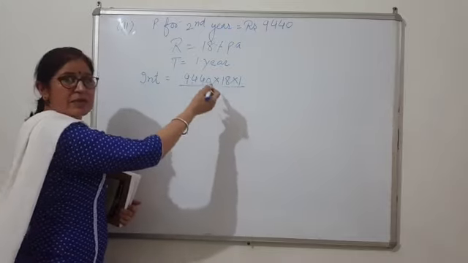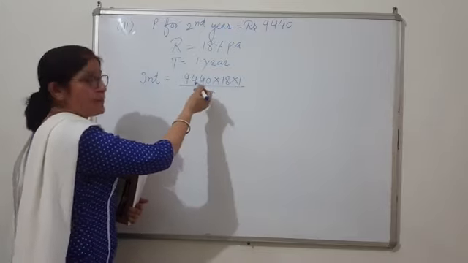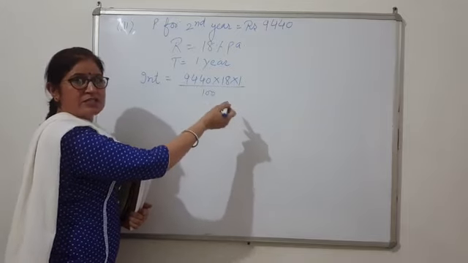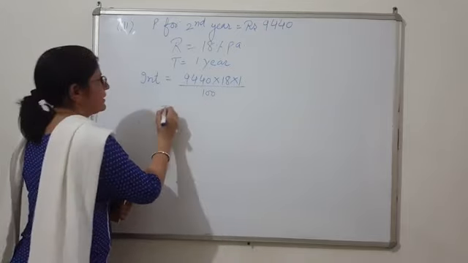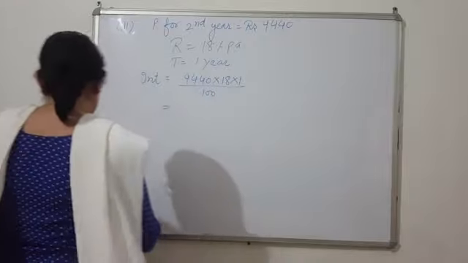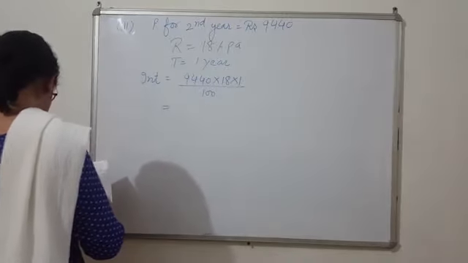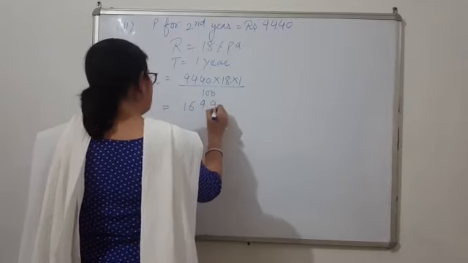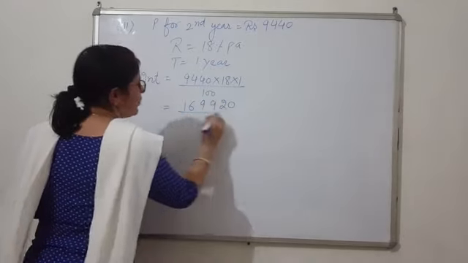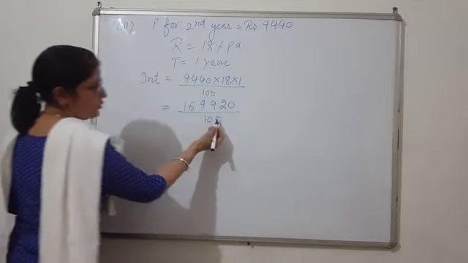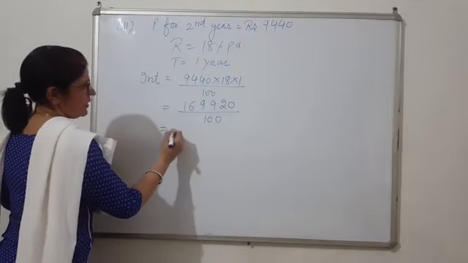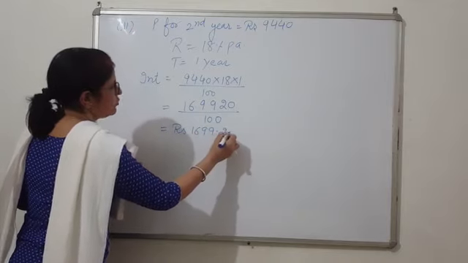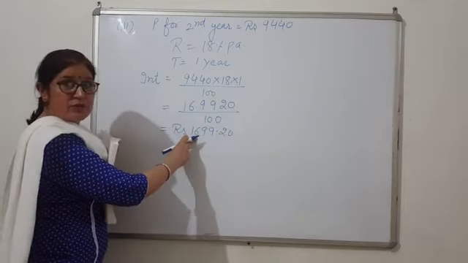You can reduce them in lowest terms, otherwise you multiply it by 18 and then we can take zeros down and afterwards you can change it into decimals. So when you multiply it with 18, we will get 169920 upon 100. So 2 decimal places, it comes rupees 1699.20. This is our interest for second year.